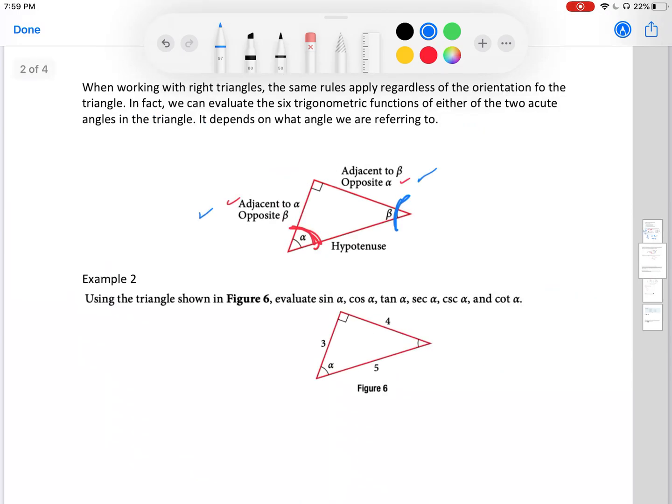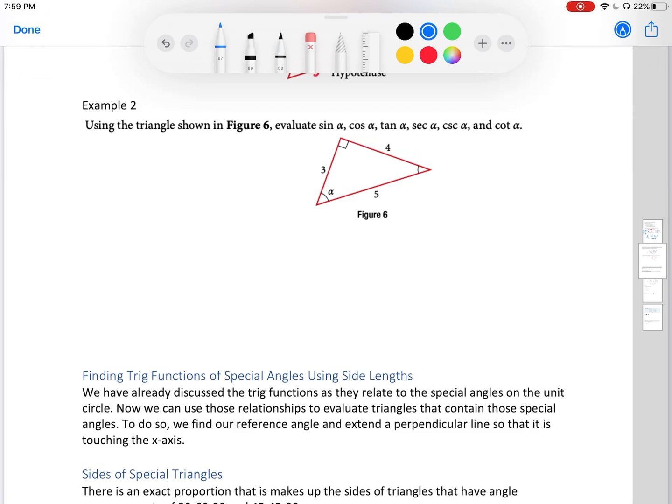Okay, let's go on to our current example. So we have the angle alpha. Let's label our values. We have our hypotenuse, the side opposite of it, and its adjacent side. Since we're just starting, we can label the values. So sine alpha is opposite over hypotenuse. Cosine alpha is adjacent over hypotenuse.